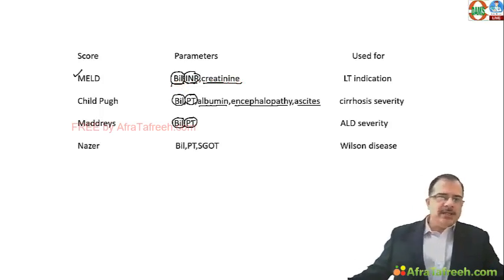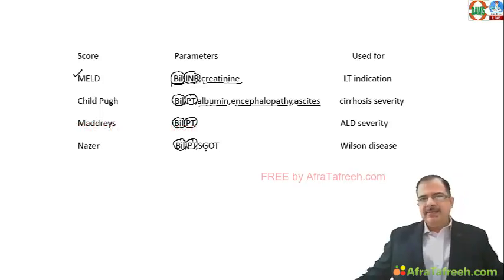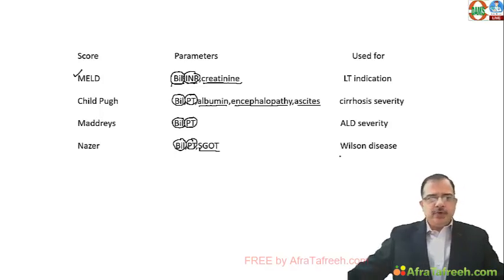The NASA score is bilirubin and prothrombin time, the common markers, as well as SGOT, which is indicated for the cirrhosis condition, and it is used for Wilson disease. So these are the important scoring systems which are frequently asked questions for you.